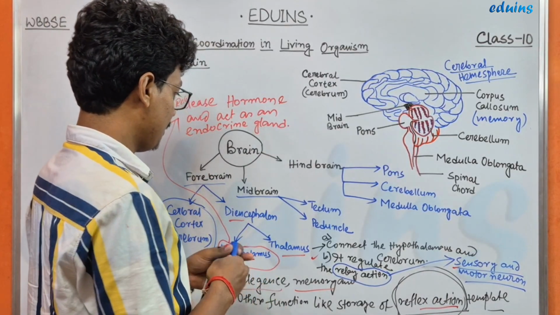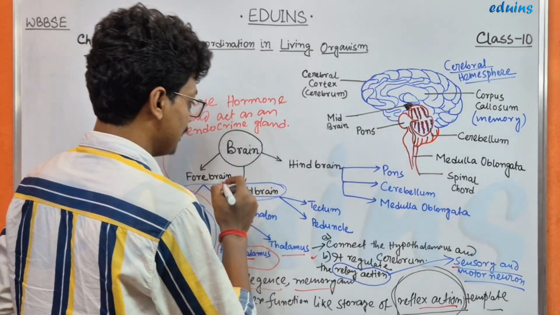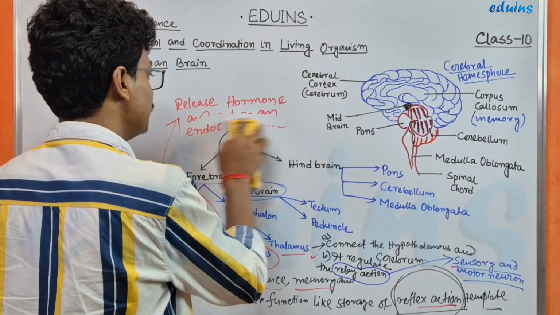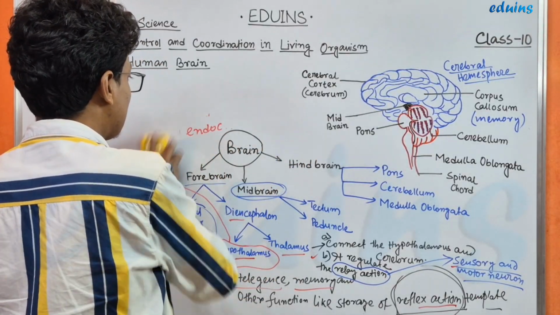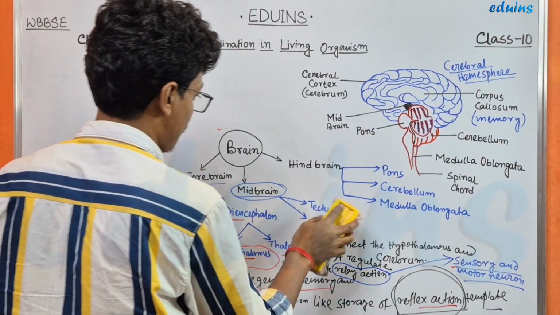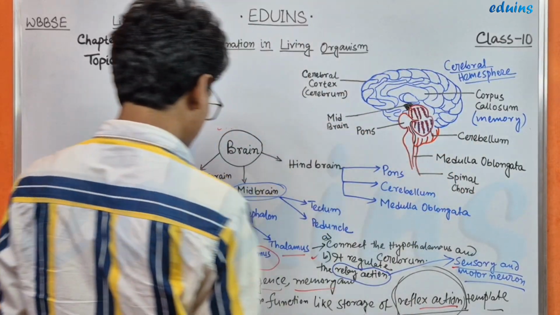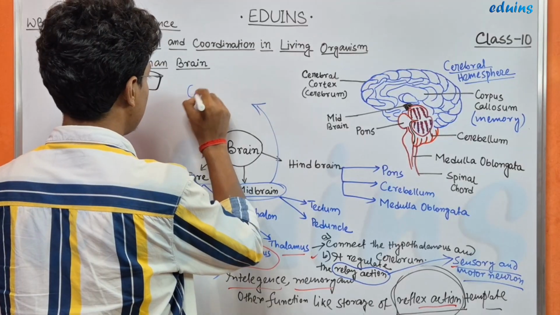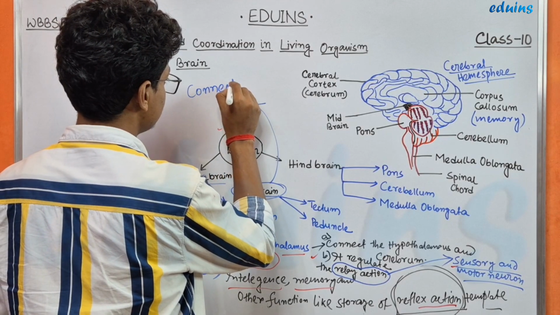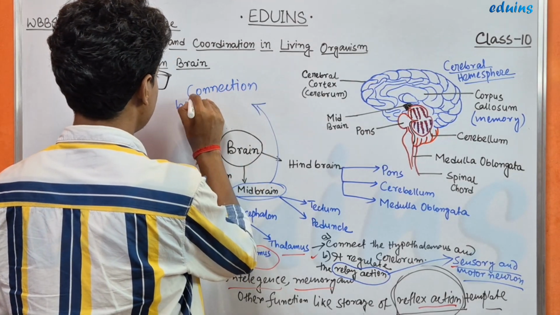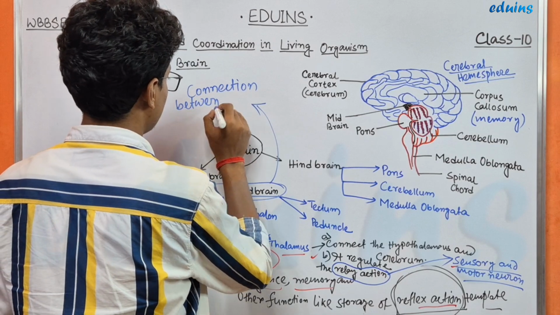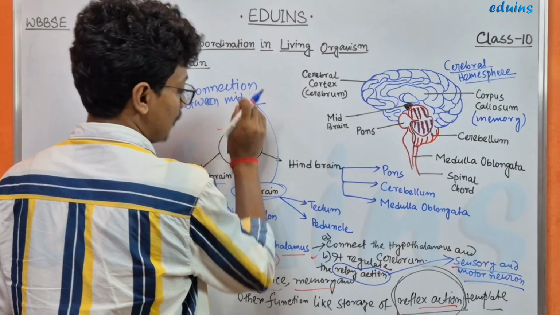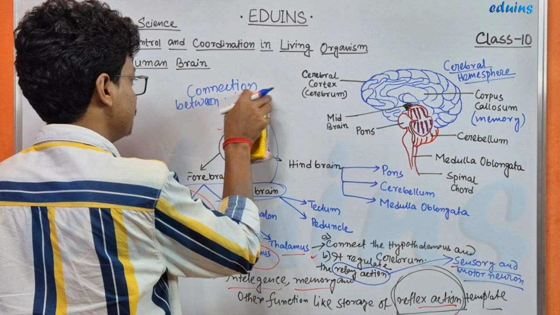Next one is the midbrain. The midbrain is mainly responsible for the connection between forebrain and hindbrain.